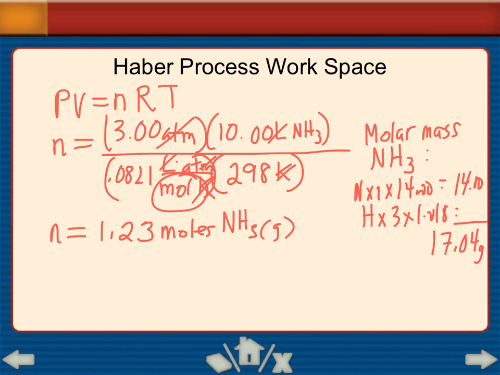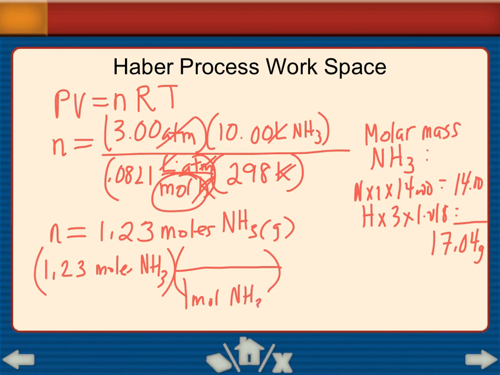All right, we're going to take 1.23 moles of ammonia and convert that to grams. So 1 mole of ammonia has 17.04 grams of ammonia.